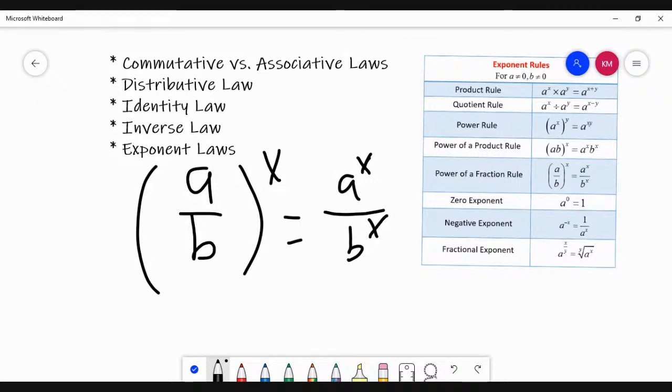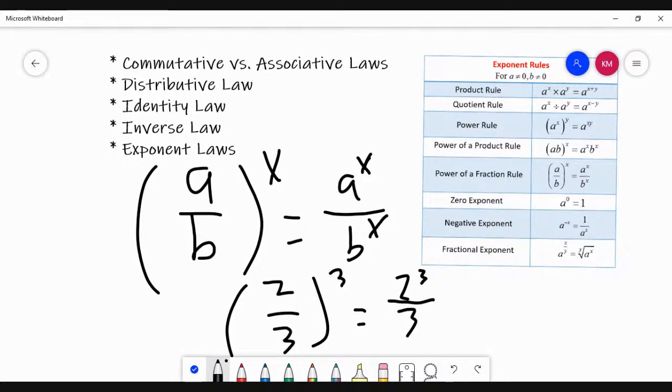Now this is a game changer compared to what we've been doing. So you have a to the x over b to the x. What would that look like? So say for instance, I have 2 over 3 and I raise it to the third power. Well, that means 2 will be raised to the third and 3 will be raised to the third.